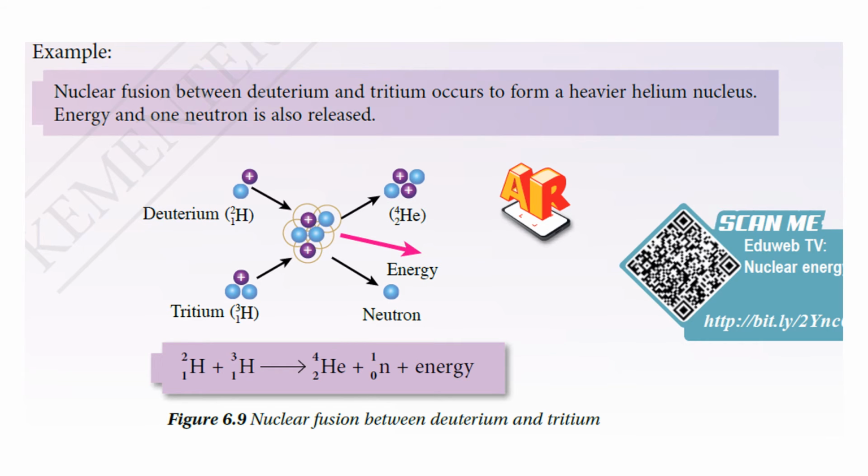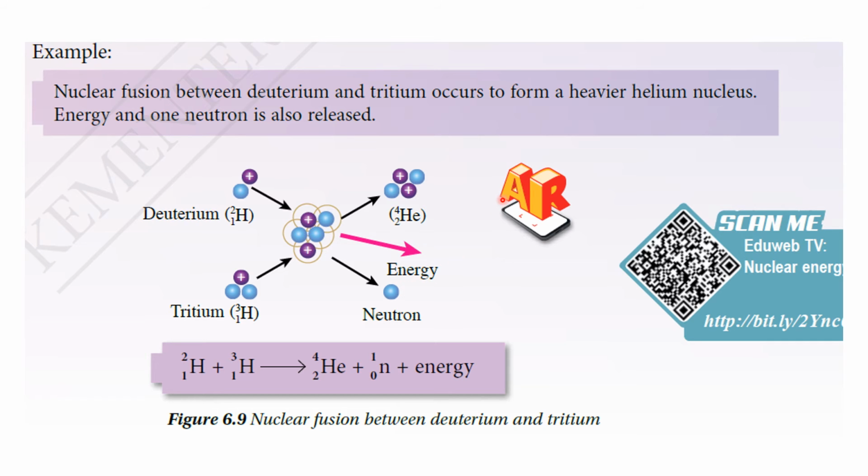So this is the example provided in the KSSM Form 5 physics textbook. For the example, we have nuclear fusion between deuterium and tritium. Deuterium and tritium fuse to form a heavier helium nucleus, and energy is released, and a neutron is also released.